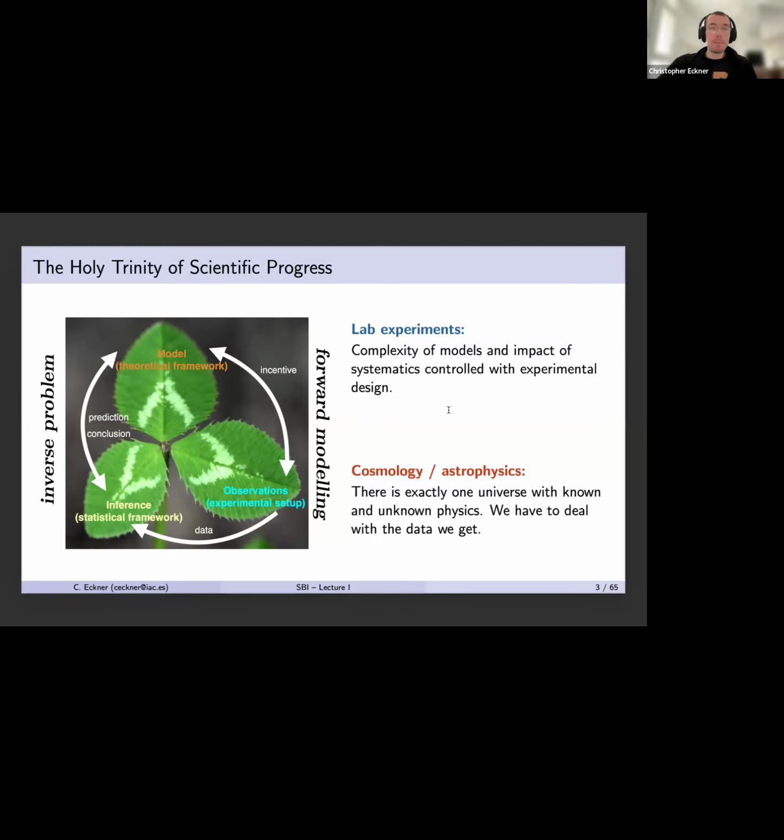But if you go to other places where science is also applied, like cosmology and astrophysics, it's a bit different. There, we only observe one universe, and all the physics it contains that we know and do not know. Whenever you measure something, you will measure parts that you know, and there could be parts that you have no idea exist and are still in the data.